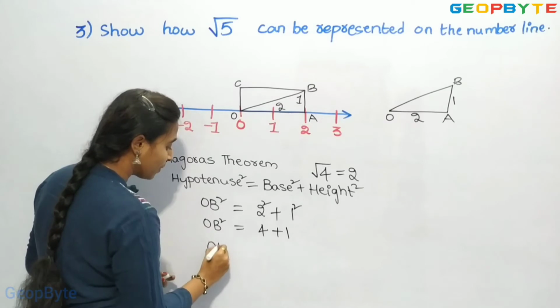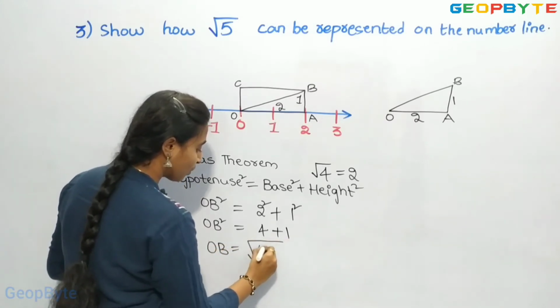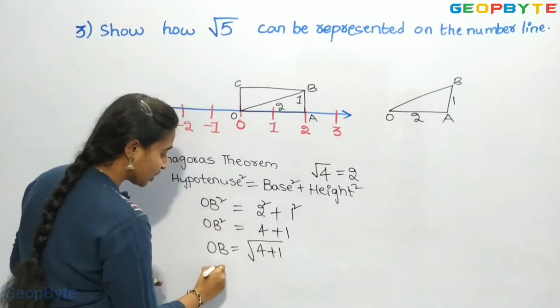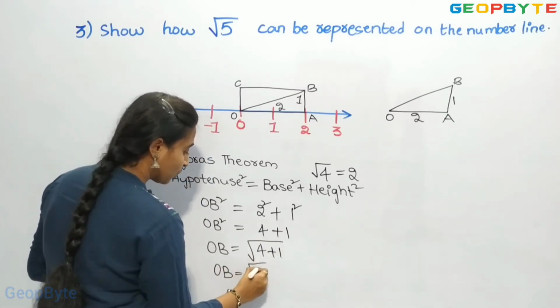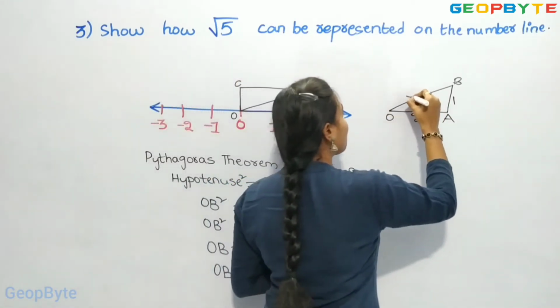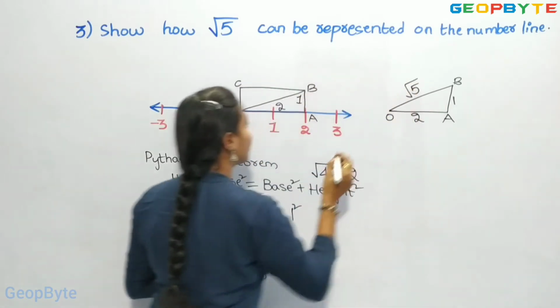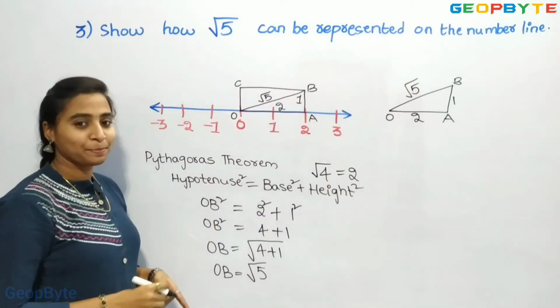So, OB is equal to under root of 4 plus 1, which gives OB is equal to root 5. So, let us write OB as root 5 and here also root 5.